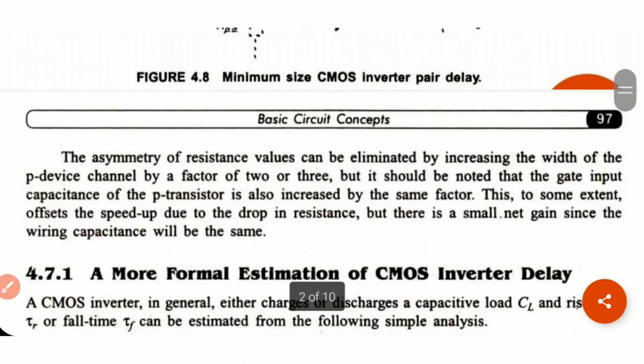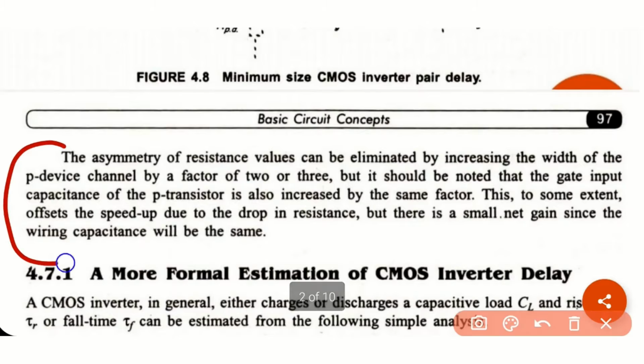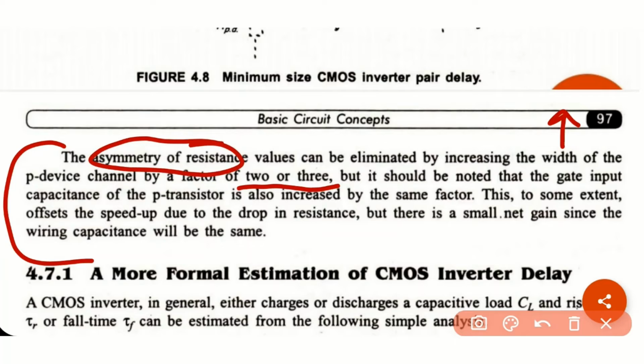And another thing, asymmetry of resistance values can be eliminated by increasing the width of the P device channel by a factor of 2 or 3. But you have to keep in mind that the gate capacitance of the P transistor will also increase by the same factor.